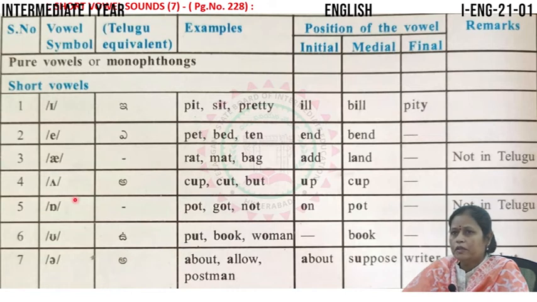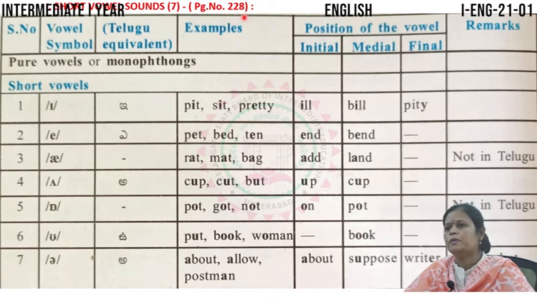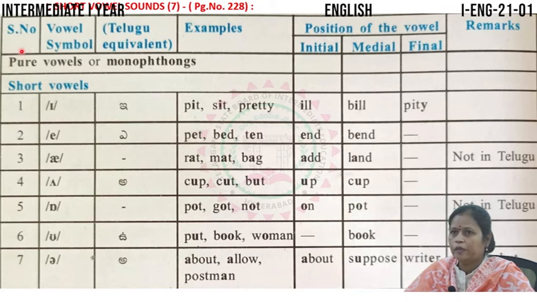So coming to the short vowel sounds, which are 7 in number, you can see on page number 228 in your textbook of first year. There is a chart available for you, where you can see these symbols. These are called phonemes. Phonemes are represented within 2 oblique marks. This is pure vowels or monophthongs.